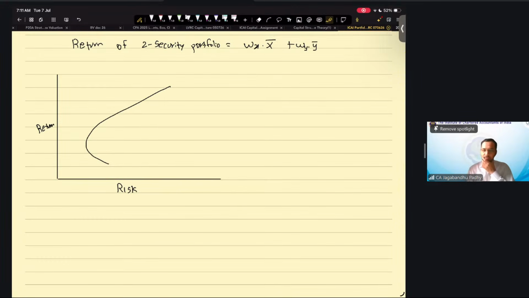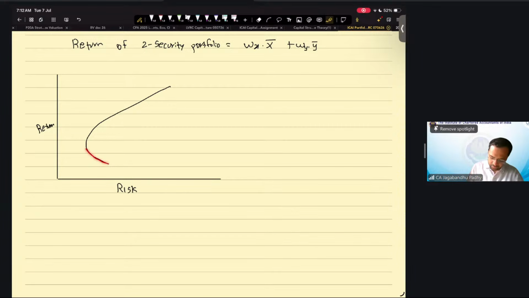Are they efficient portfolios or inefficient portfolios? These are the inefficient portfolios, right? Because this set of portfolios doesn't make any sense for investment.